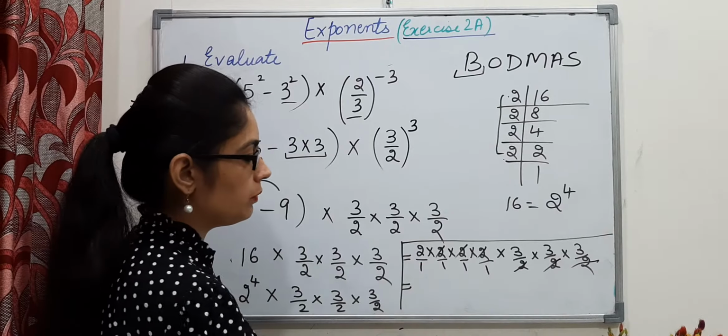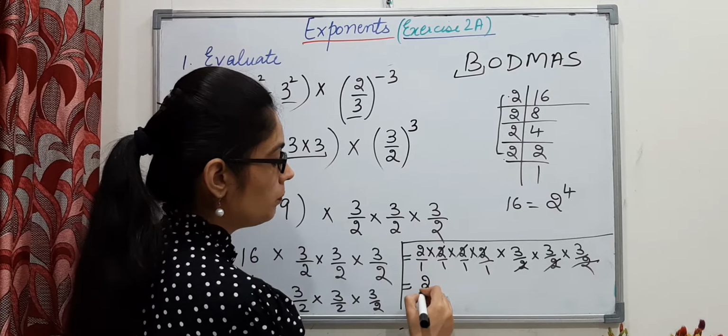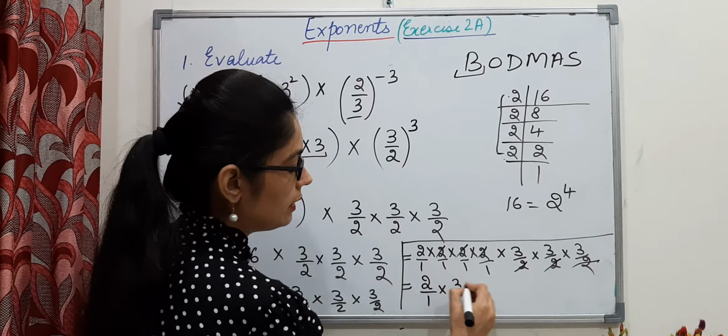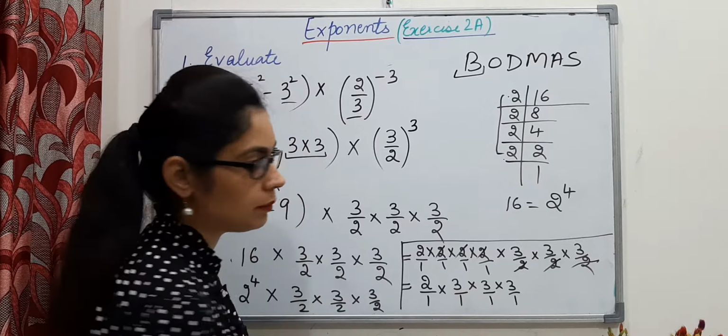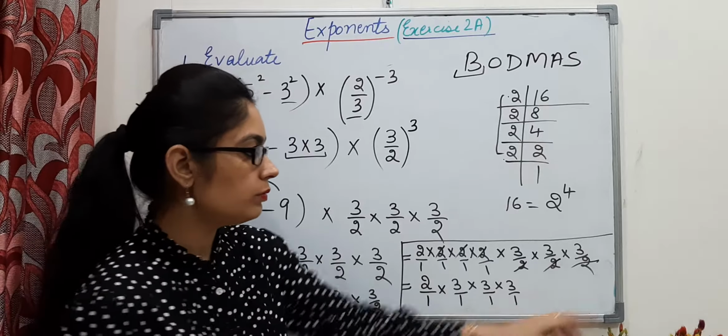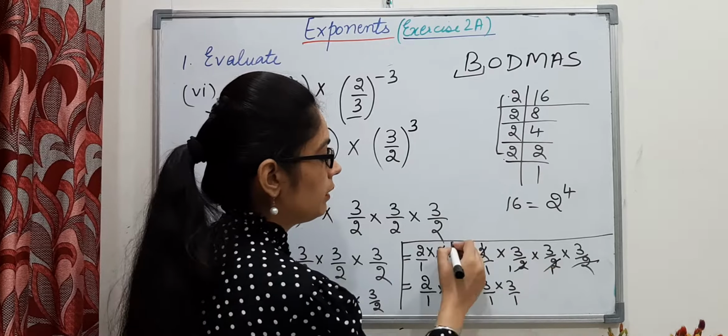So what we are left with is 2 by 1 into 3 by 1 into 3 by 1 into 3 by 1, because all the 2's are cancelled, leaving 1.